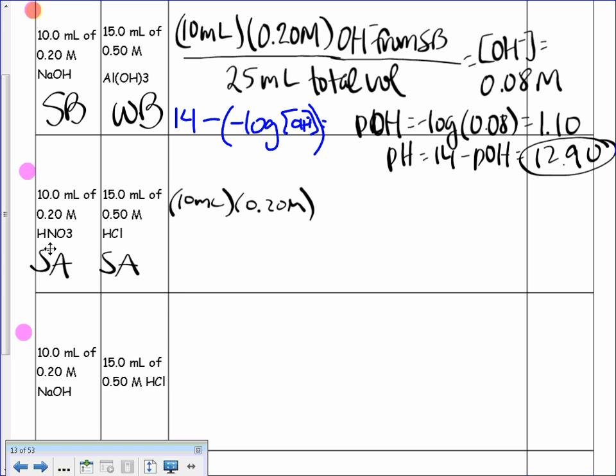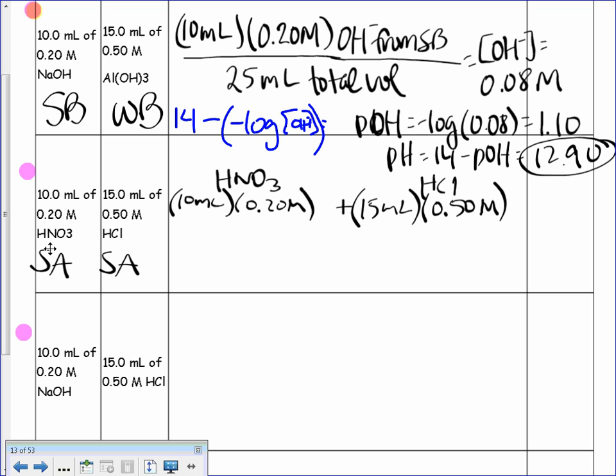So there are millimoles of H plus from nitric acid. And then what'd you do? 15 times 0.5. So you're adding the 15 milliliters times 0.50 molar, and this is for hydrochloric acid.